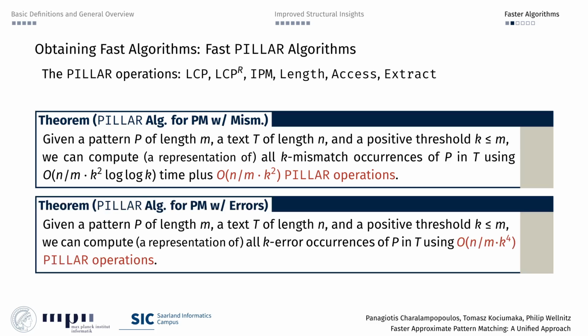Similarly, for pattern matching with errors, we obtained an algorithm using roughly k to the 4th pillar operations. Now, we just need to combine these algorithms with fast pillar implementations to get fast algorithms for different settings.